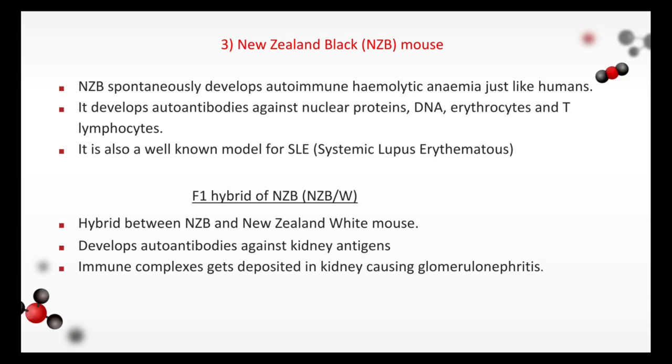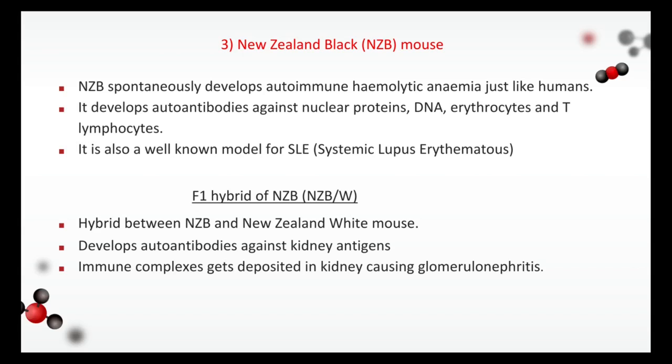A third spontaneous animal model is the New Zealand black mouse, also referred to as NZB. This mouse spontaneously develops an autoimmune disease which is very similar to hemolytic anemia of humans. Autoimmune hemolytic anemia includes a group of disorders. It is not a single disease, it is a group of disorders due to malfunctioning in immune system.